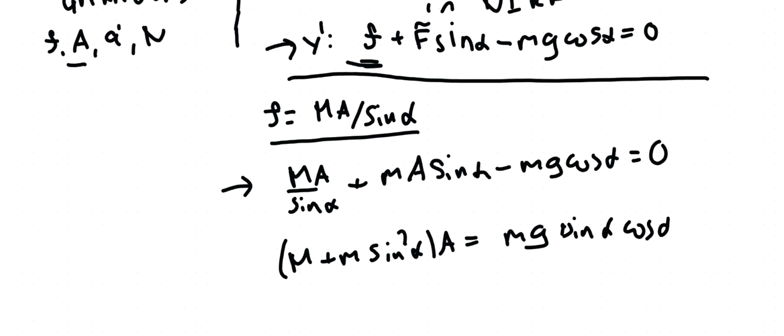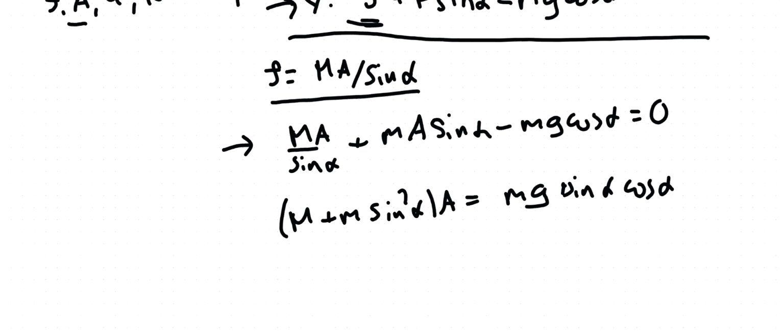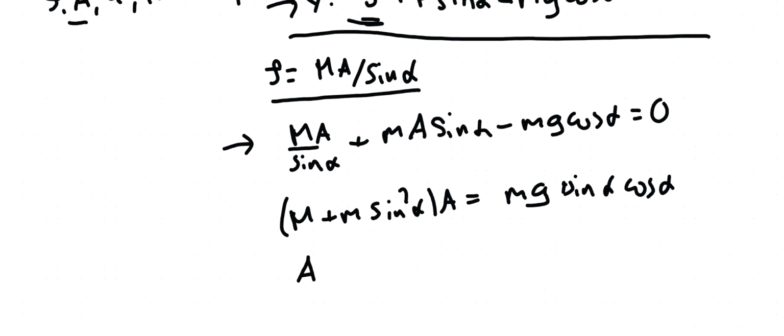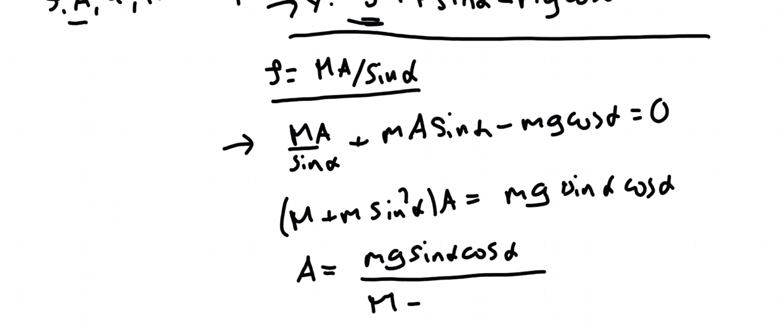I multiplied by sine alpha and made some rearrangements. And voila, we get that the acceleration of the wedge is mg sine alpha cosine alpha divided by capital M plus m sine squared alpha.